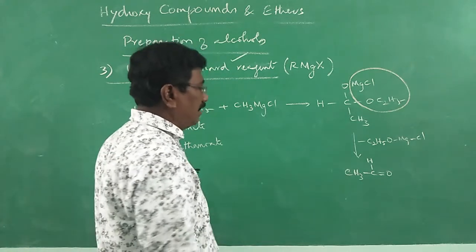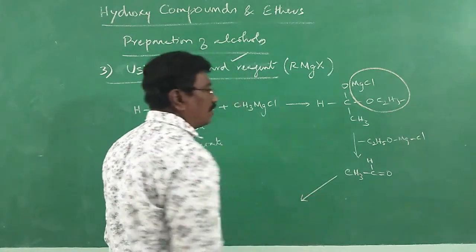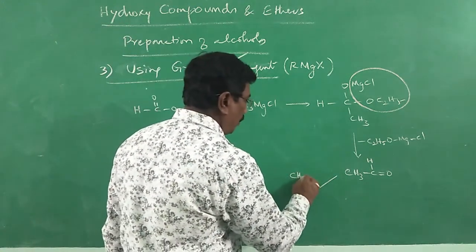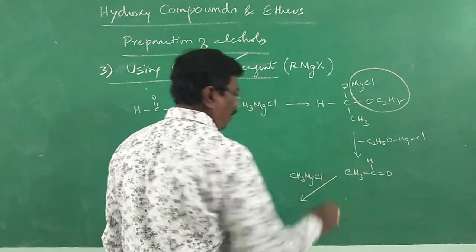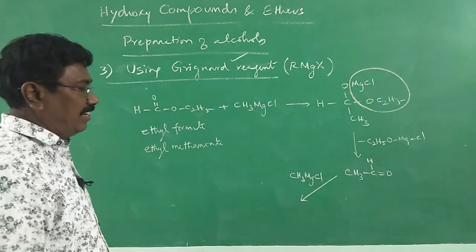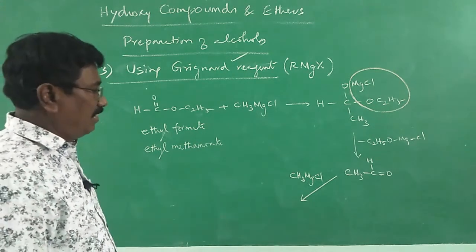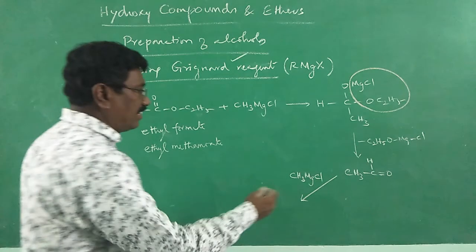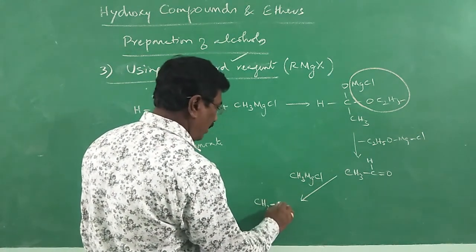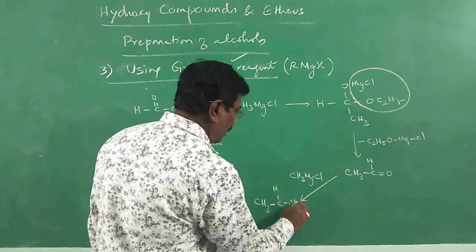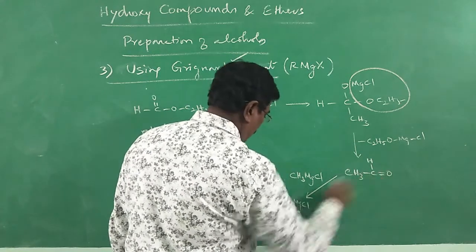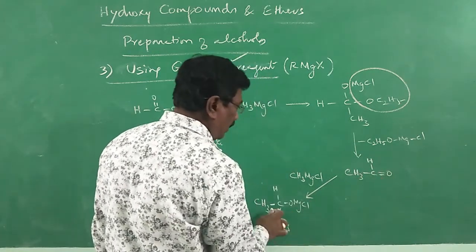That acetaldehyde, when made to react with yet another molecule of Grignard reagent, methyl magnesium chloride, what will happen? Addition across the double bond again, as we have seen earlier for aldehydes other than formaldehyde. So you will be getting a secondary alcohol: CH3, CH, with oxygen MgCl, and methyl with carbon.